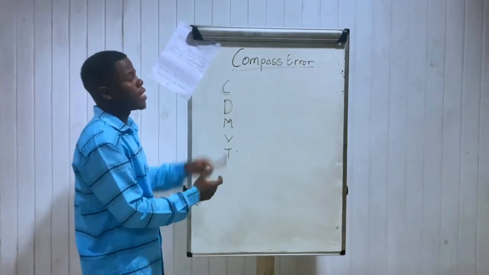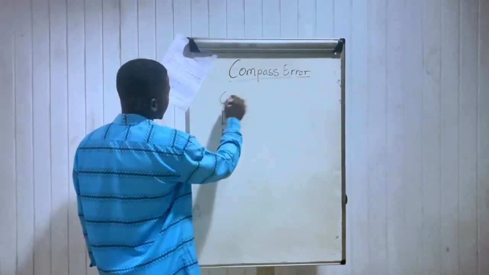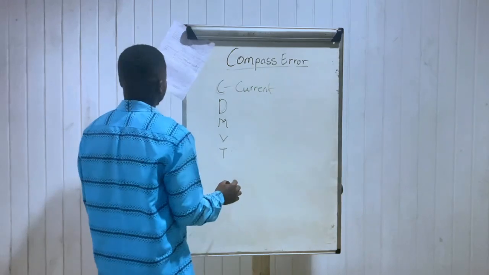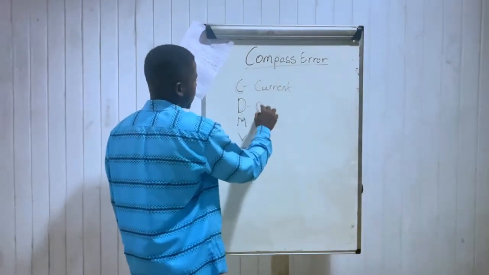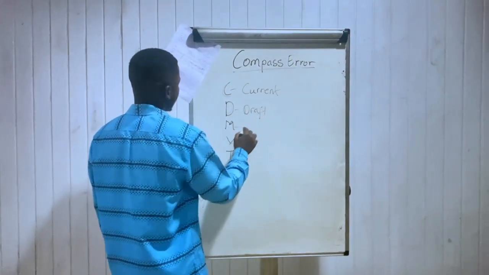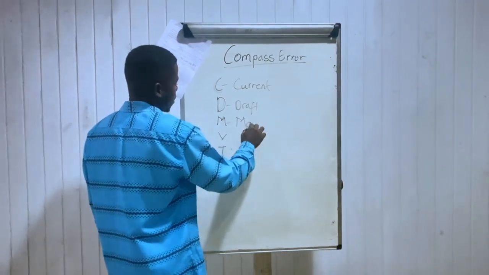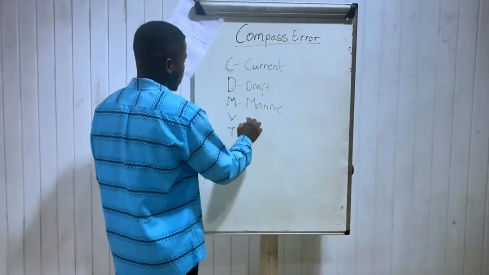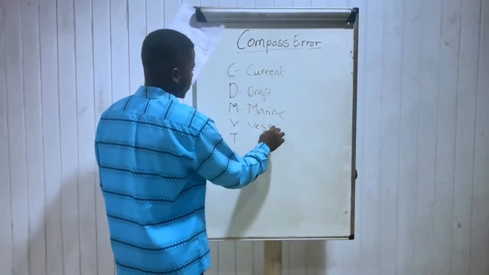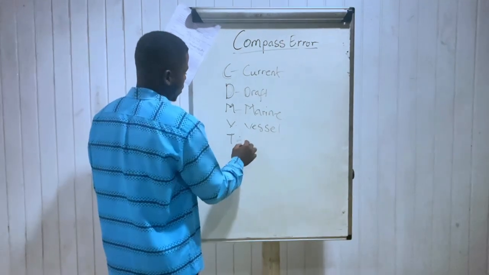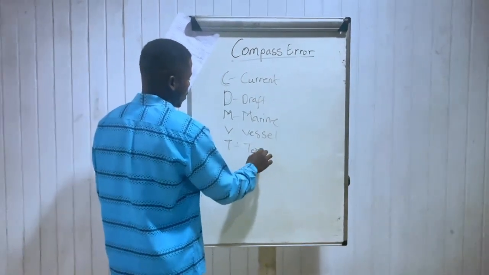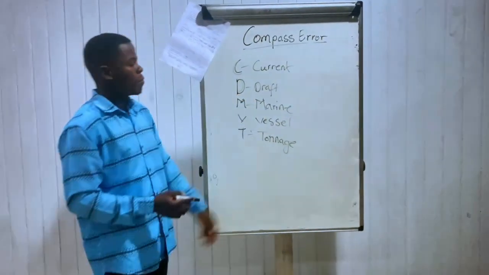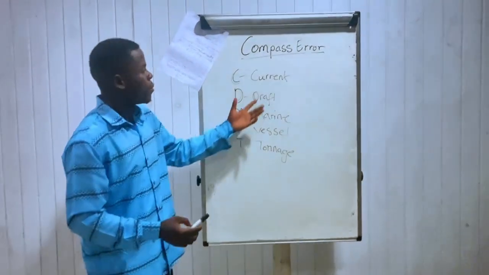You can say: Carrot, Draft, Marine, Vessel, Tonnage.